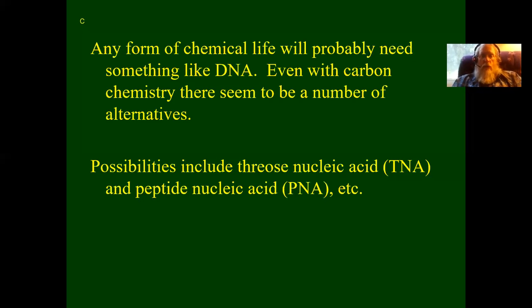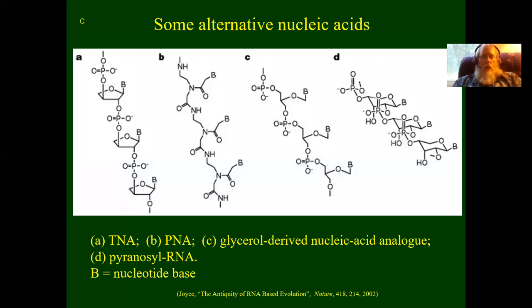So you could do that with peptide bonds, as we'll see here. So here are some alternatives. The TNA just uses a different sugar as part of the base, but still connected by phosphate groups.